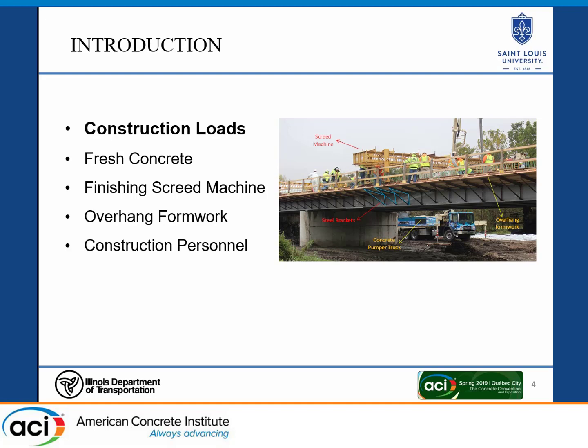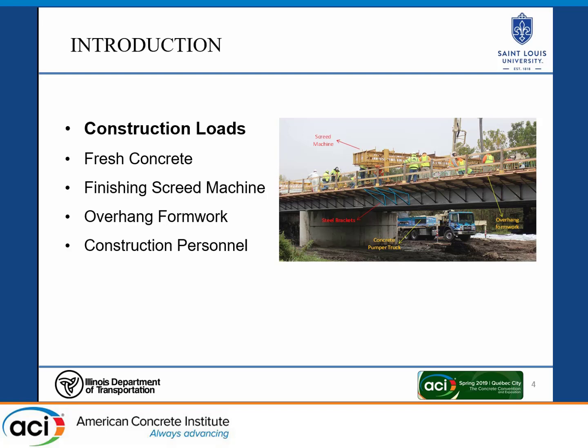Additionally there is the SCREED machine that smooths out and pours the concrete onto the deck itself. As you can see here, it travels along this overhang formwork, and there's rails on here where the SCREED machine will slowly pass along the entire span of the bridge, and that causes additional loading to the exterior girder.